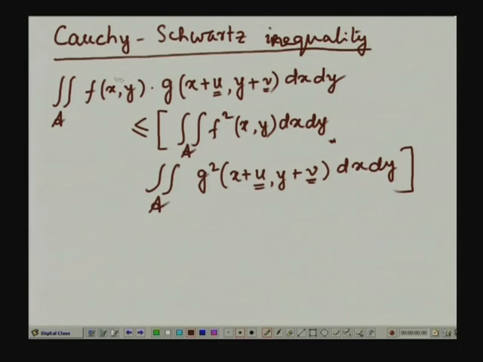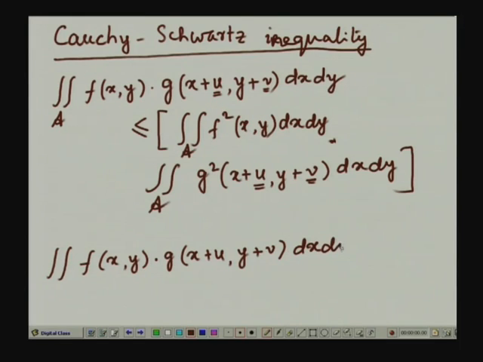Now, because f x y is small and the value of f x y is 0 outside the region A, we can replace this left hand side by an integration of this form f x y into g x plus u y plus v dx dy.